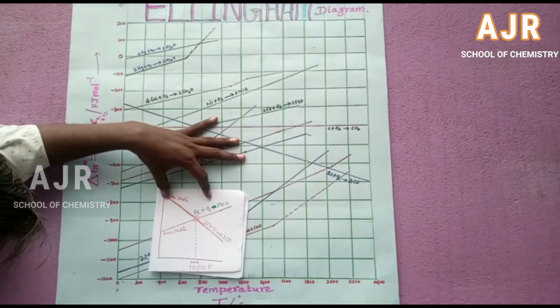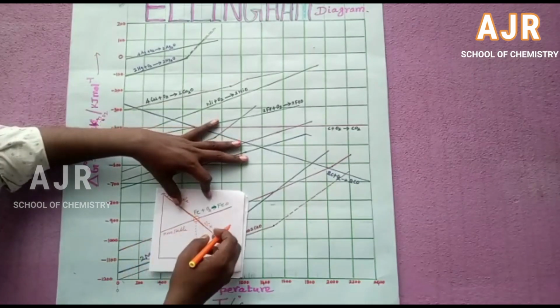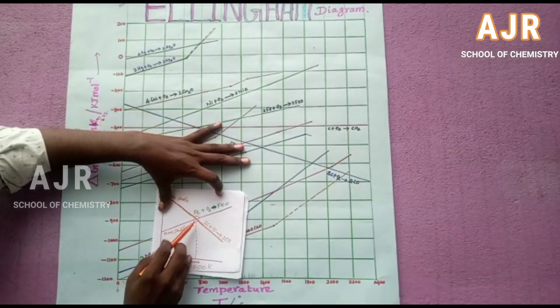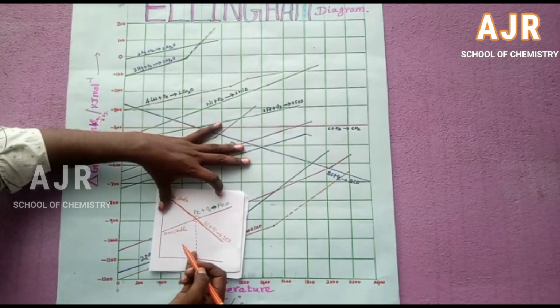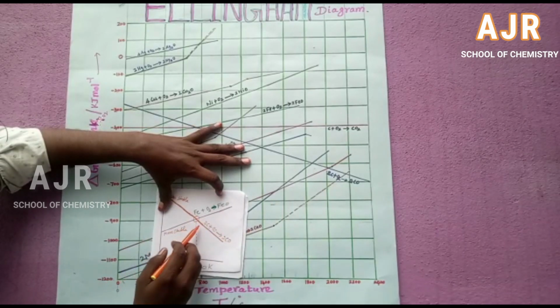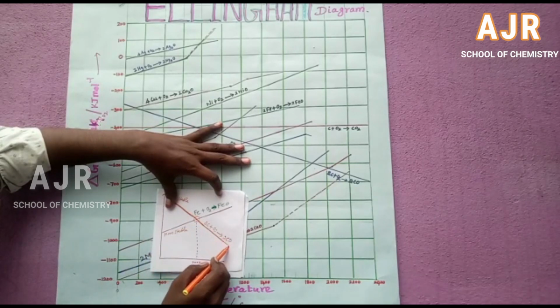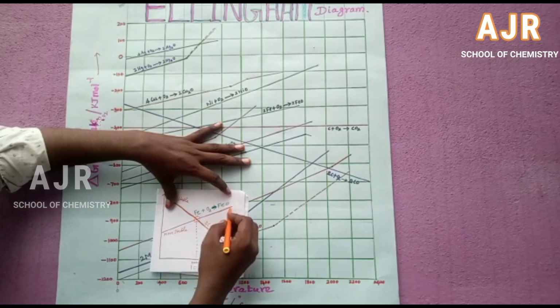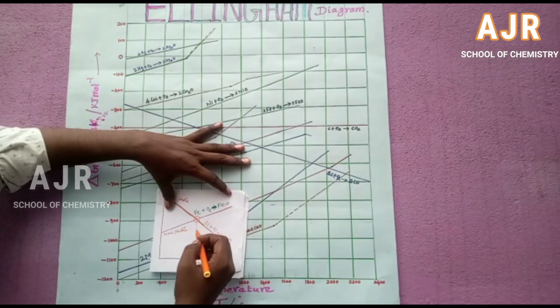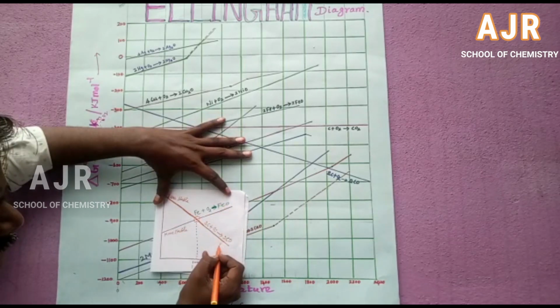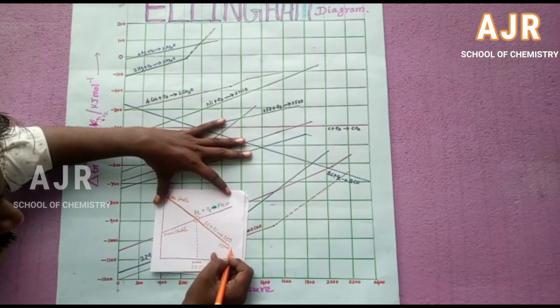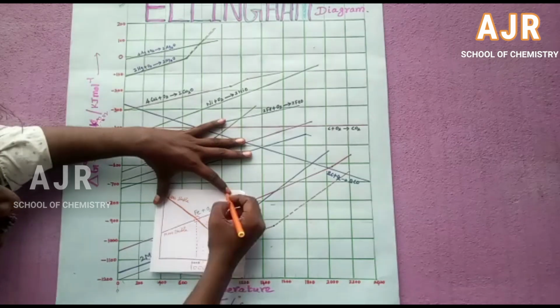However, above 1000 Kelvin, look at here, your carbon monoxide formation line lies below and the FeO formation line lies above, which indicates that this is more stable than this one.